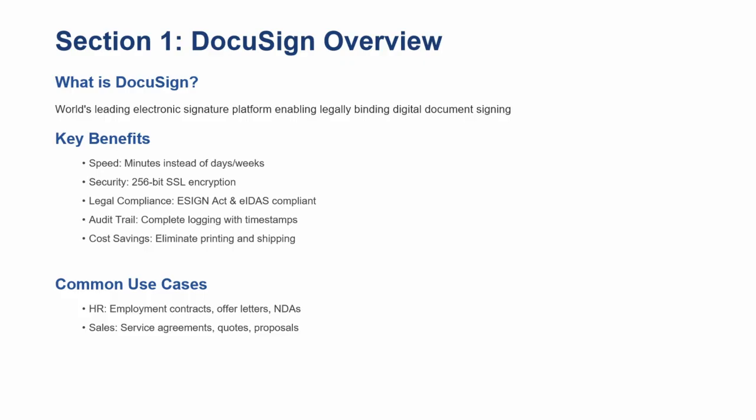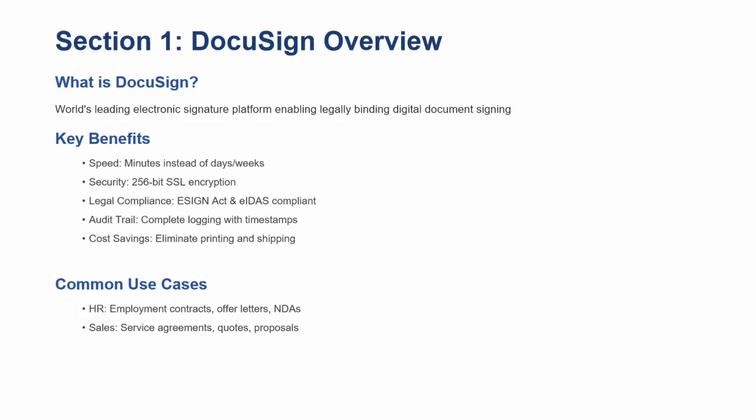DocuSign is also legally compliant with regulations such as the ESIGN Act and the eIDAS regulation, which means signatures are legally valid across many regions. Additionally, it helps organizations reduce cost by eliminating printing, scanning, and shipping expenses.